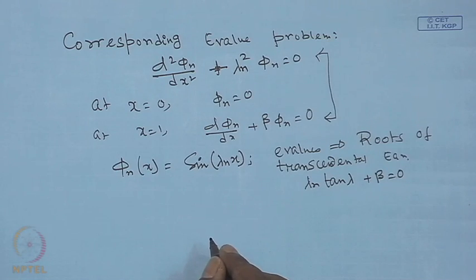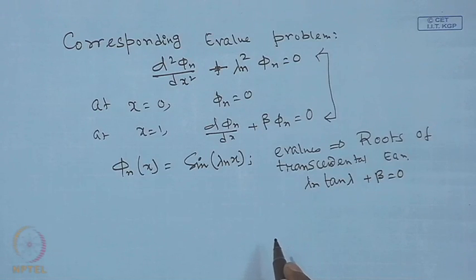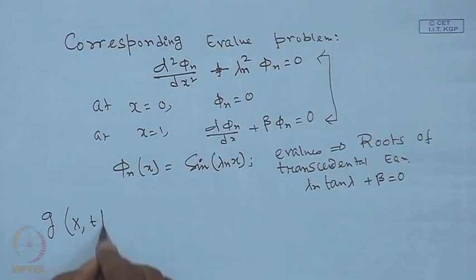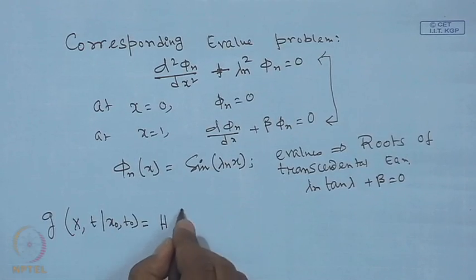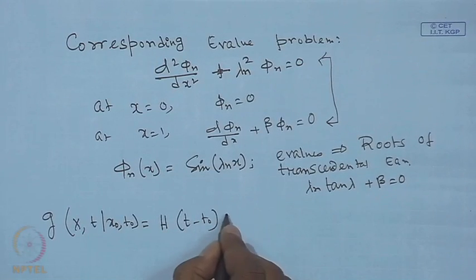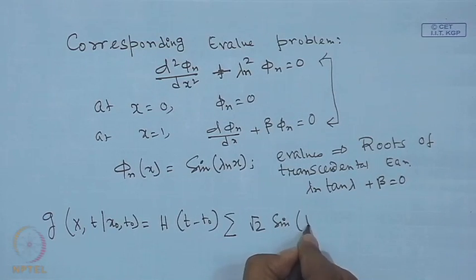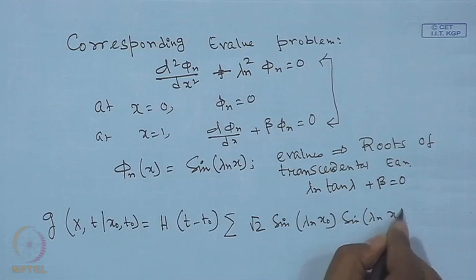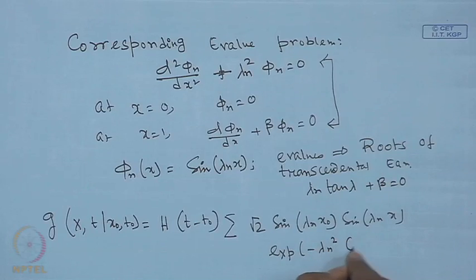This was the form of the transcendental equation and the eigenvalues are the roots of this equation. So, in this case, the expression of Green's function becomes g(x, t; x₀, t₀) = H(t − t₀) Σ √2 sin(λn x₀) sin(λn x) exp(−λn²(t − t₀)).